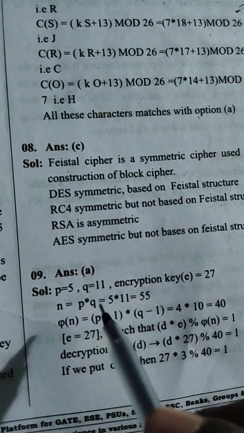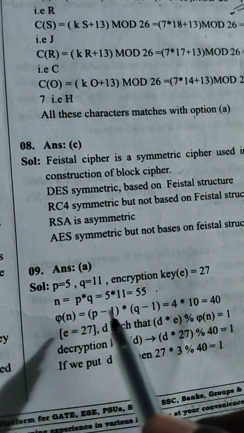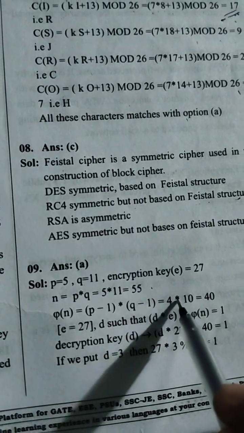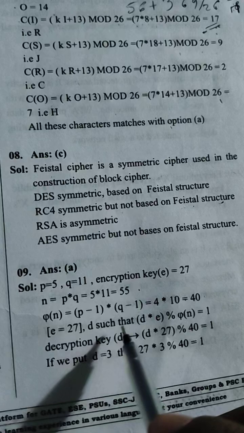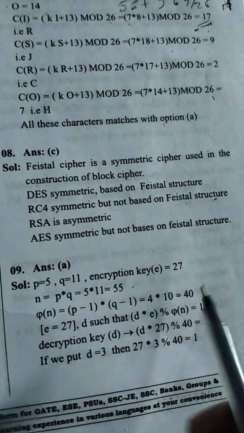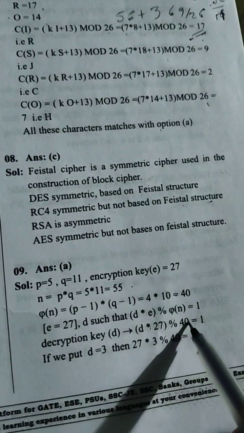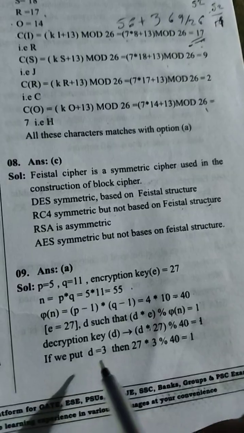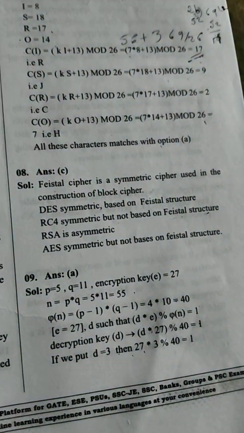N is equals to P into Q, that is 5 into 11, equals to 55. phi of N is equals to P minus 1 into Q minus 1, that is 4 into 10, which is 40. E and D are such that D into E mod phi of N is equals to 1. So D into 27 mod 40 is equals to 1. If we put 3, then 27 into 3 mod 40 is equals to 1.